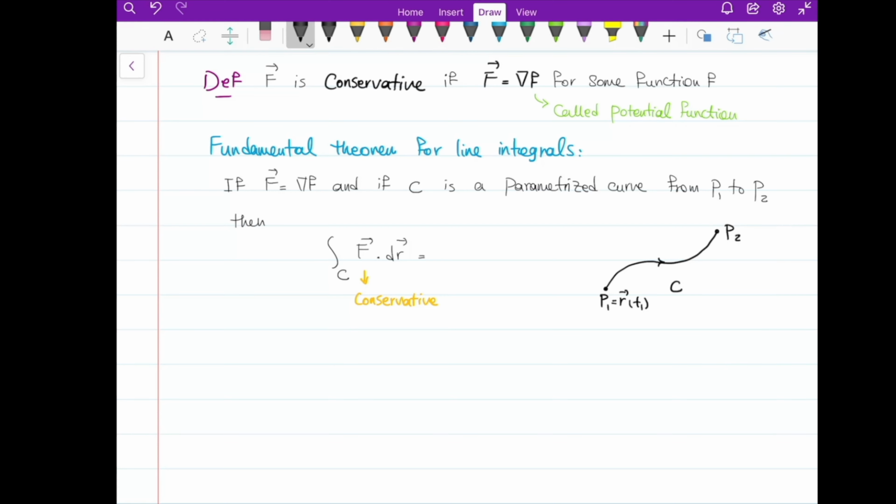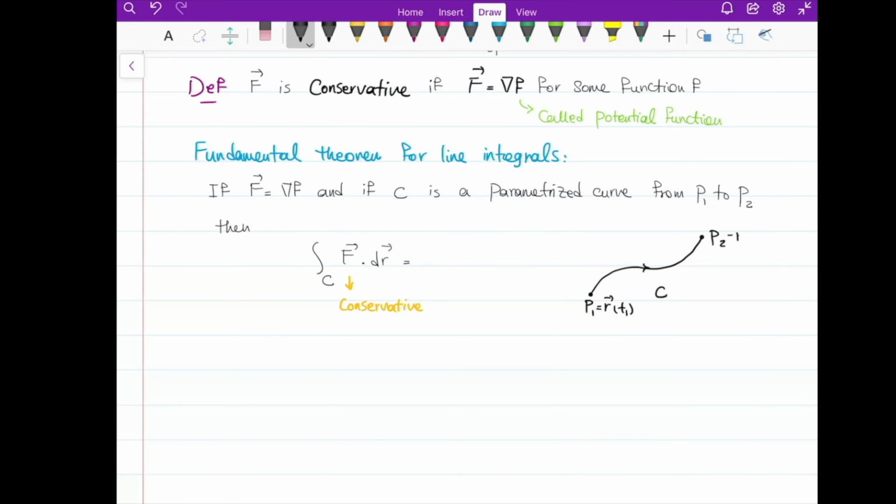So P1 is the first point, P2 is the second point, the end point in here. Then the line integral for the vector field f that is conservative is actually the potential function at the end point minus the potential function at the first point.